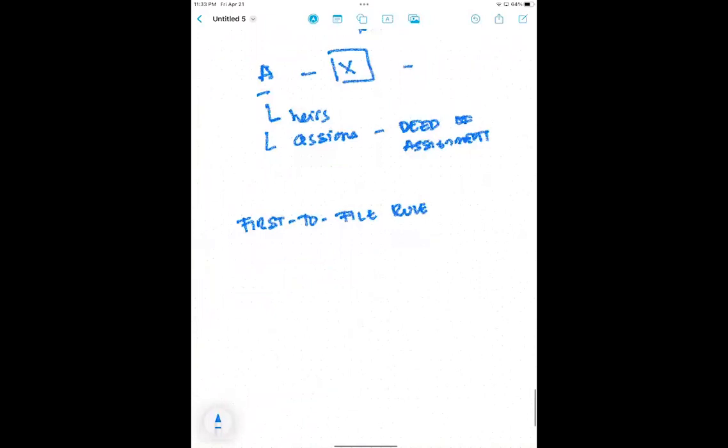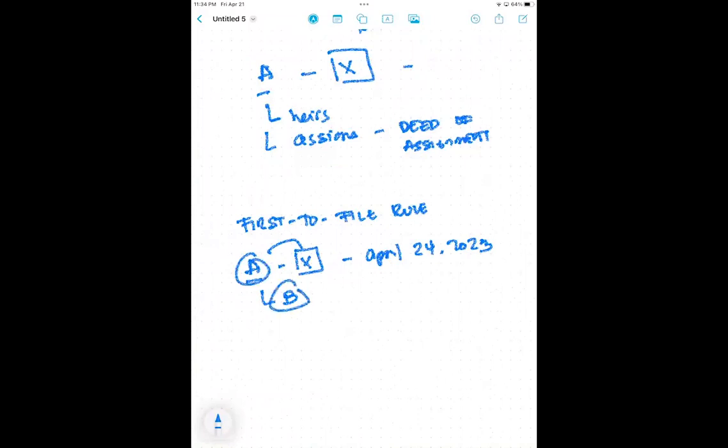Right, in our given example, A was able to invent X, and he filed an application on April 24, 2023. Supposing that in order for A to come up with X, he was assisted by B, and they were successful. Okay? So A and B work together to come up with X. A filed his application on April 24.